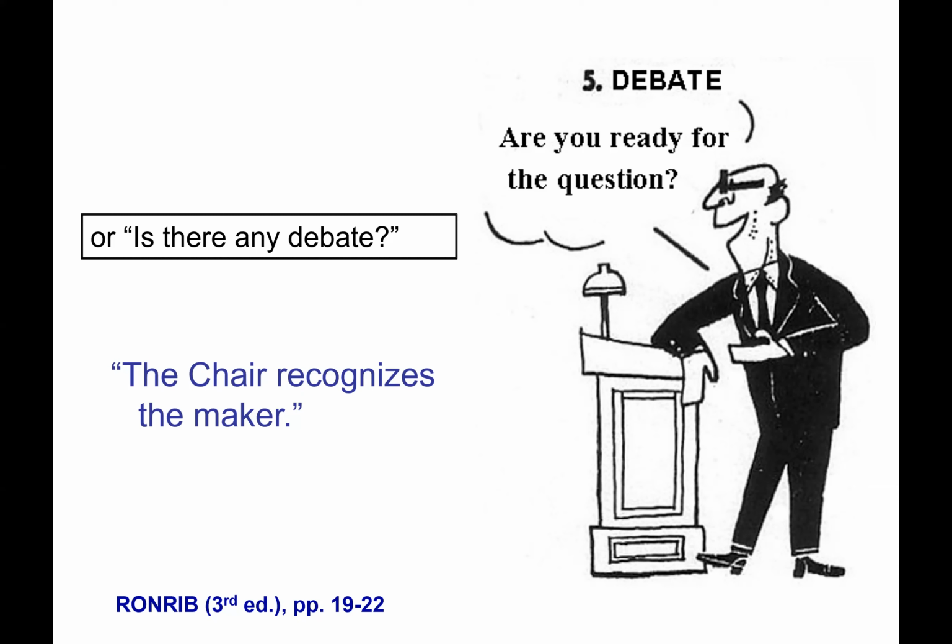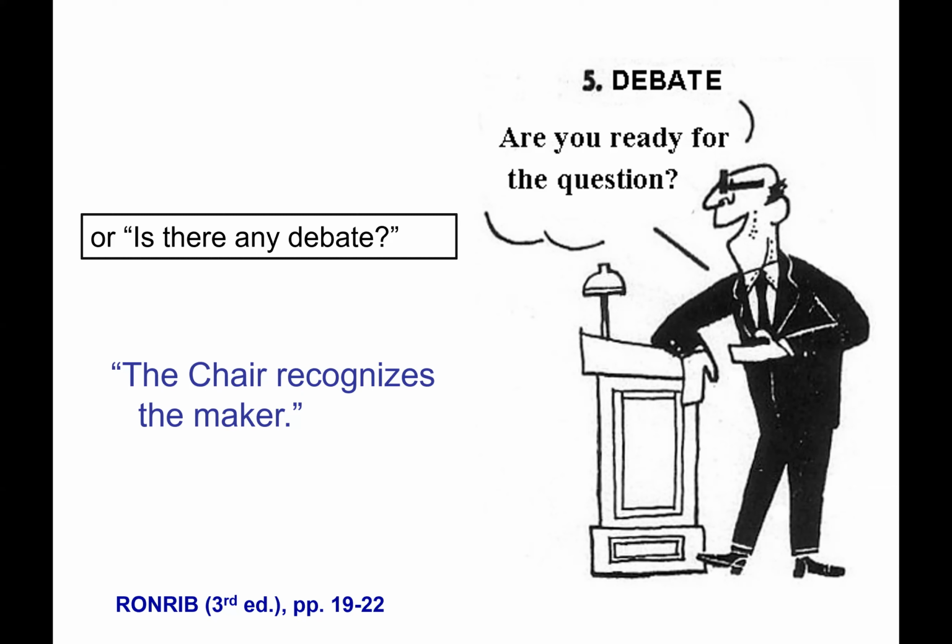So if someone rises to be recognized, then the chair says, the chair recognizes whoever. And the standard preference required in Robert's is that the maker of the motion gets to be recognized first after the motion has been stated.